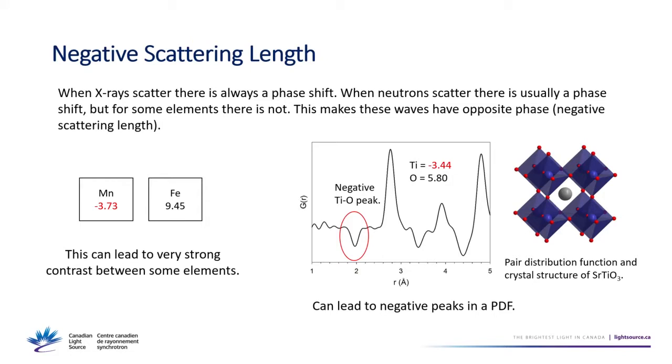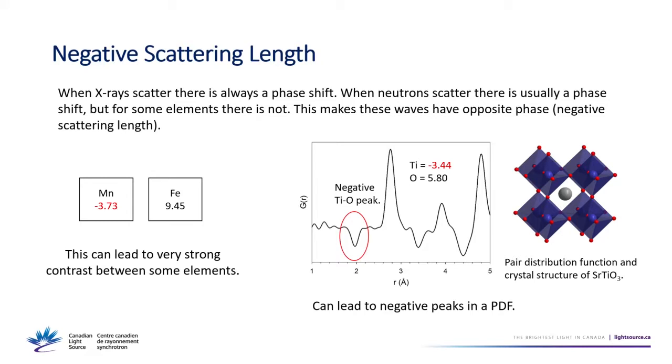When you're scattering X-rays, you always get a phase shift in the X-ray, and so the waves that scatter have a certain phase relationship. When neutrons scatter, there's usually a phase shift, but sometimes there's not, which means that sometimes neutrons are out of phase from the neutrons scattering off other elements, and that means you have a negative neutron scattering length.